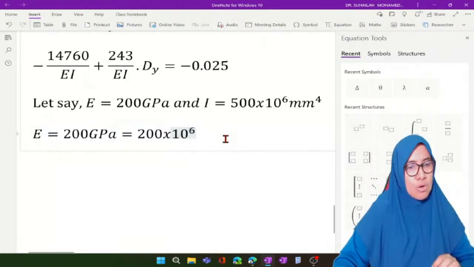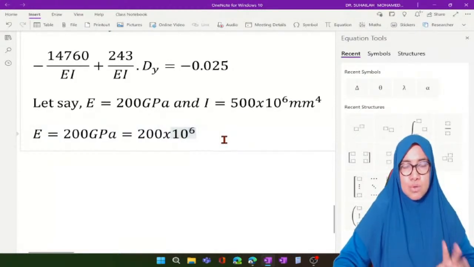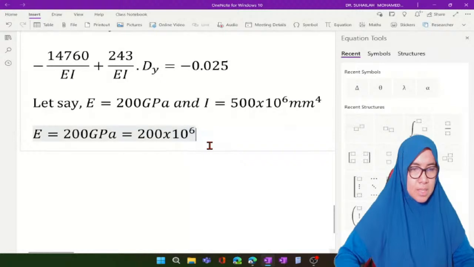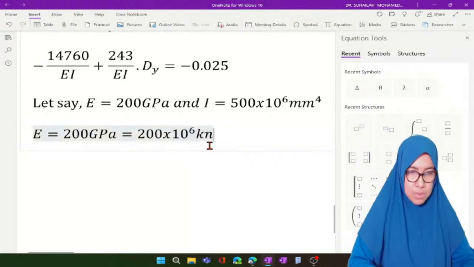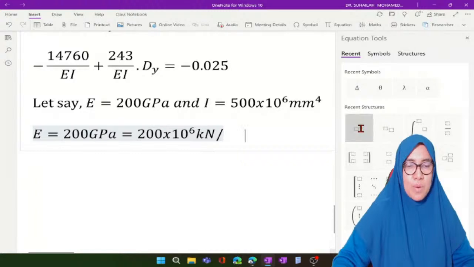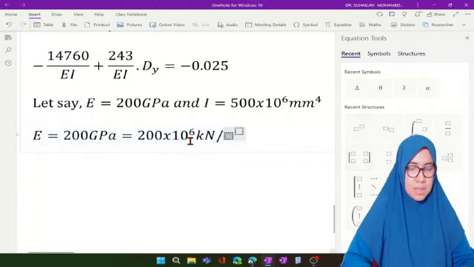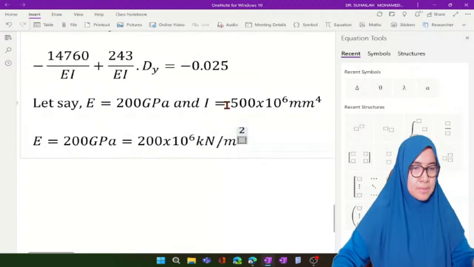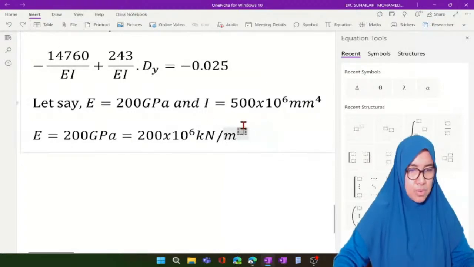Kilopascal is kilo Newton per meter square.